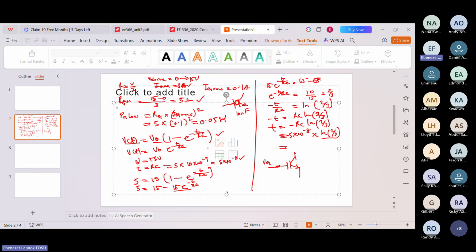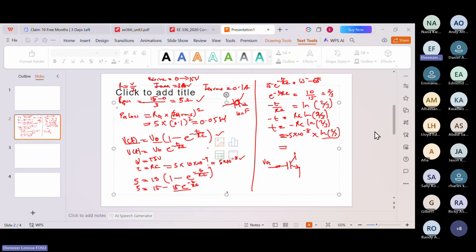This should be the final when you make T the subject from here. That is what you will arrive at. Then you substitute RC. I was explaining that the ln of a value less than 1 will yield a negative value.